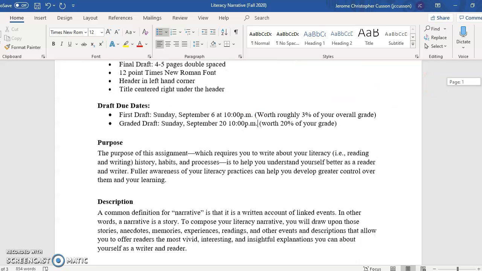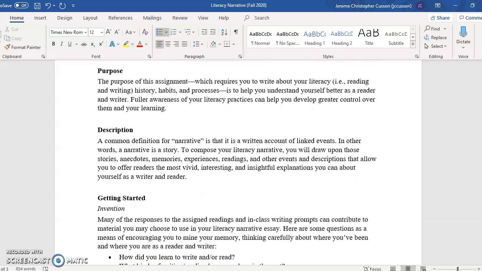So what are you doing in this assignment? The purpose of this assignment, which requires you to write about your literacy, is that you are writing about your reading and writing. This is very much a personal history. Maybe you're talking about some habits and processes, and the goal is to help you understand yourself better as a reader and a writer.